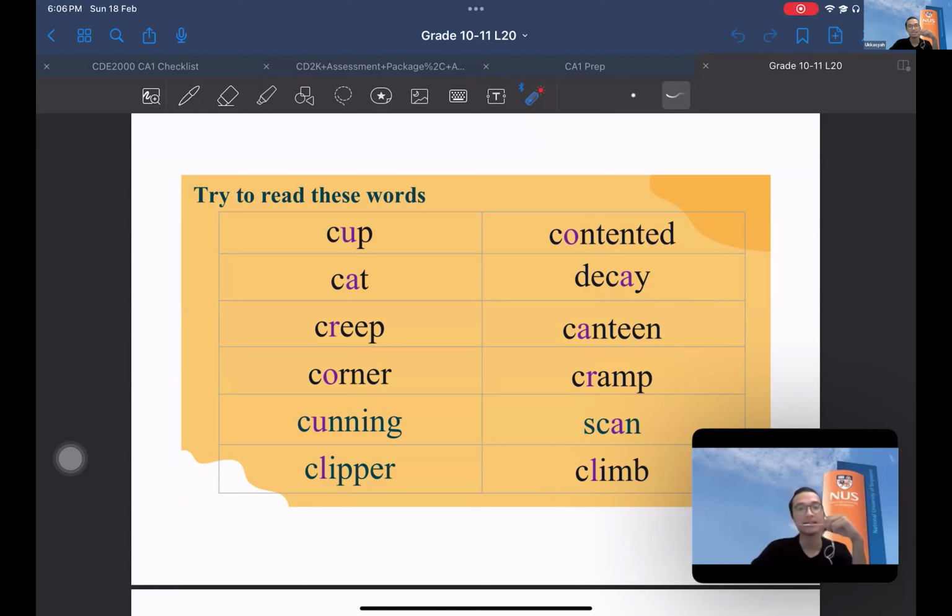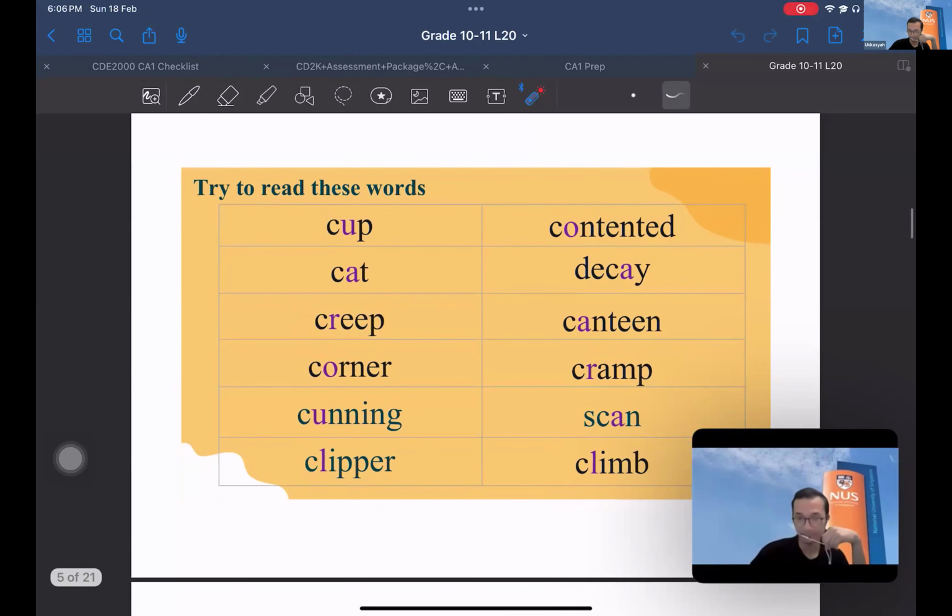contented, cat, decay. Notice all of these words. The letter that comes right after the letter C is usually A, U or O, those vowels. It may not even be vowels. Most of the other consonants will also work, like R in this case. Let me just highlight to you. Like R, what else?